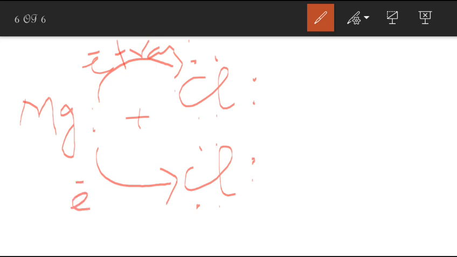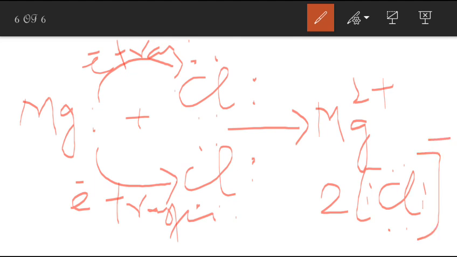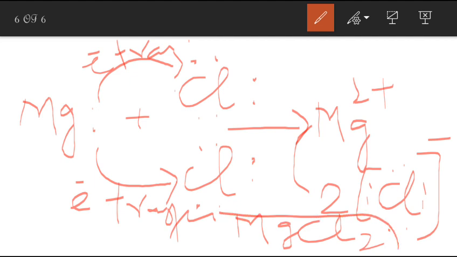This is the electron transfer, and it will get converted into Mg2+ and 2Cl-, and then the magnesium and chlorine ions will react with each other and they will form MgCl2. This is the formation of the second compound, magnesium chloride.